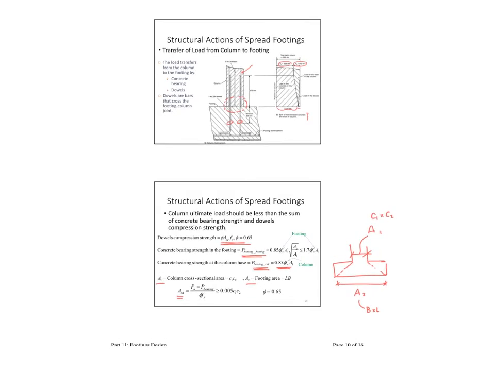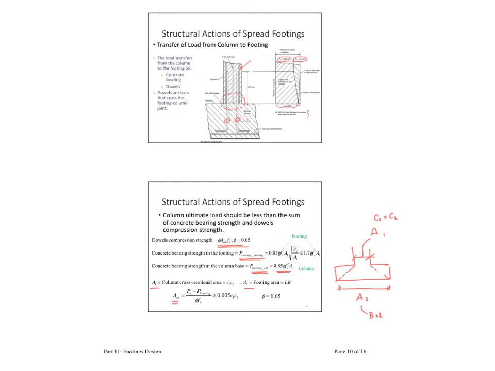It's very simple and straightforward. But if you always use f'c for footings and columns to be the same, and use the dowel reinforcement to be the same as longitudinal reinforcement of the column, you'll always be safe. You don't have to do this check.